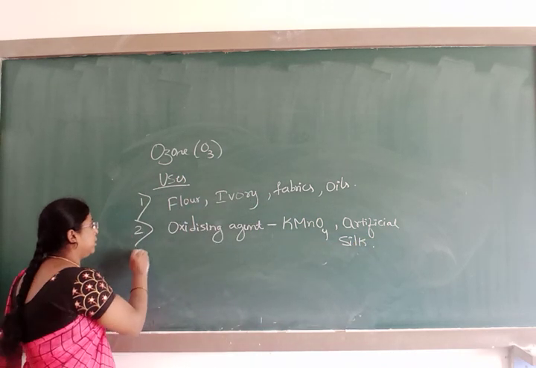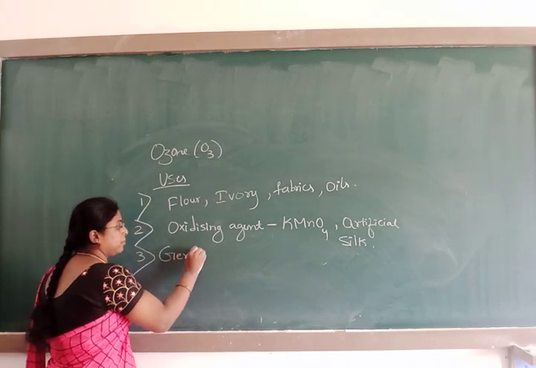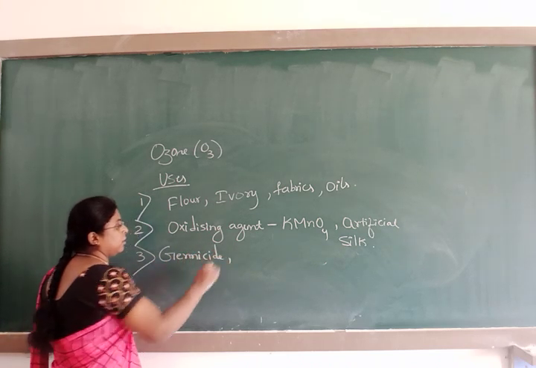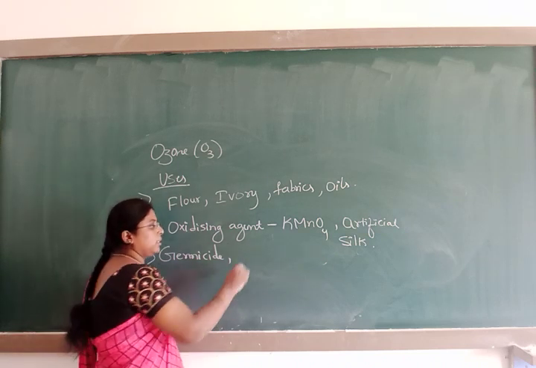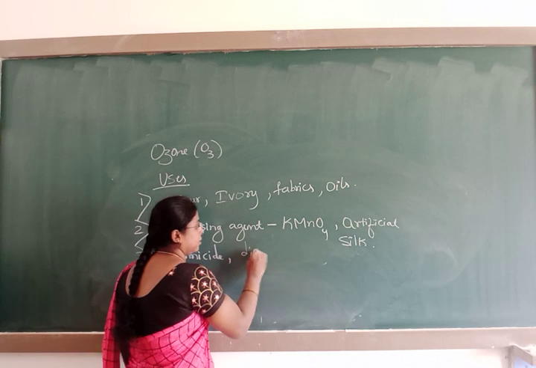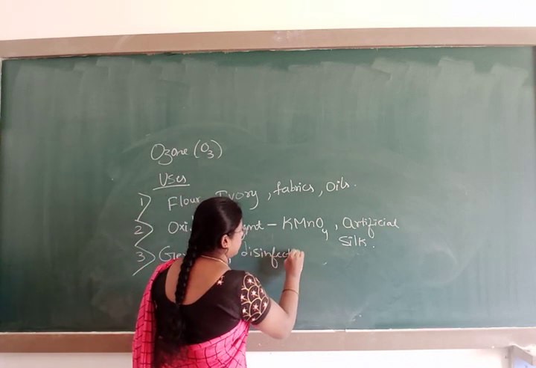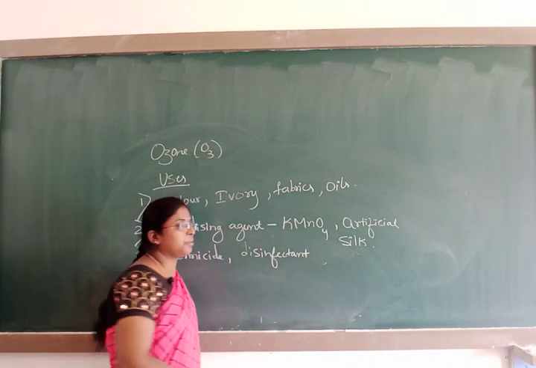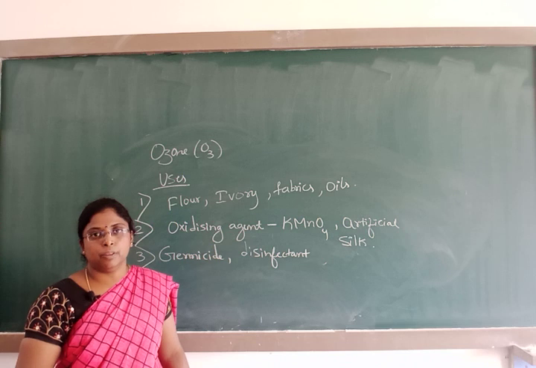Ozone is used as a germicide as well as a disinfectant. Because of its disinfectant character, it is used in the sterilization of water.